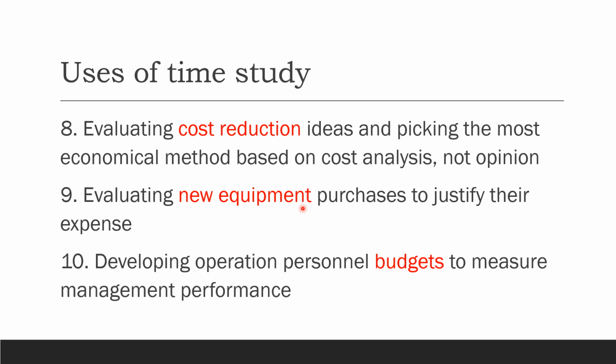The manufacturing environment is a multi-billion system. You don't want to make a decision on your opinion. It's very dangerous. So you're developing operation personnel budgets to measure the management's performance.